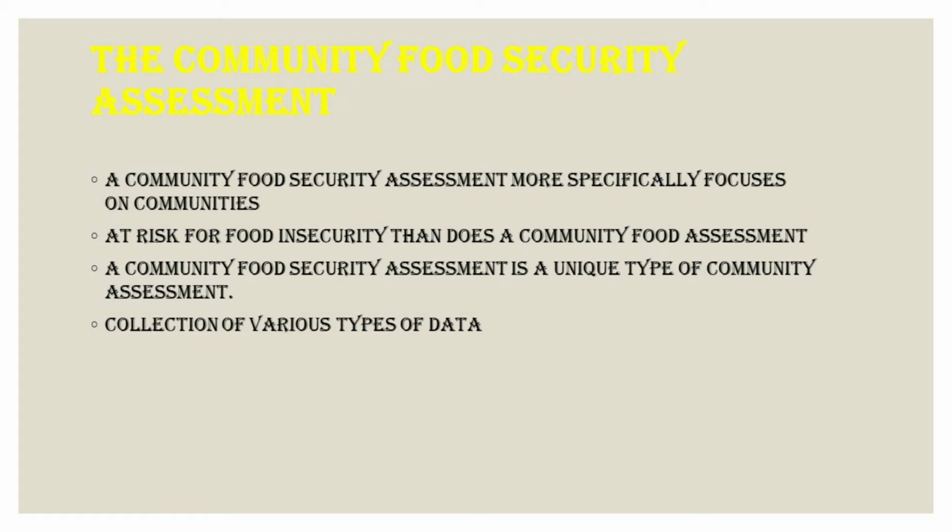These tools focus on examining basic assessment components, profiling community characteristics and community food resources, assessment of household food security, food resource accessibility, food availability and affordability, and food production resources.